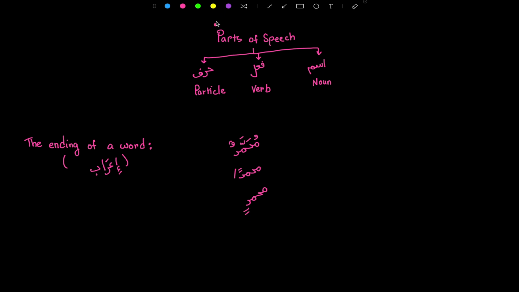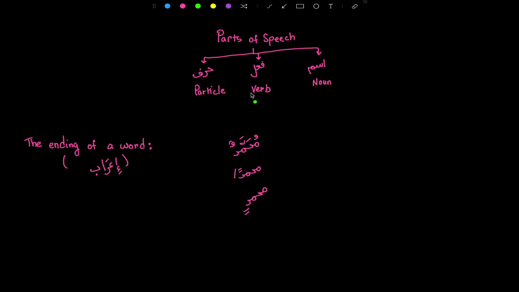So sometimes we are saying an, sometimes we are saying in. Now when will it be an, when will it be in? The more you study the language, the more you figure it out. But this whole changing of the ending of the word to un, an and in is called i'rab, the changing of the ending of a word.